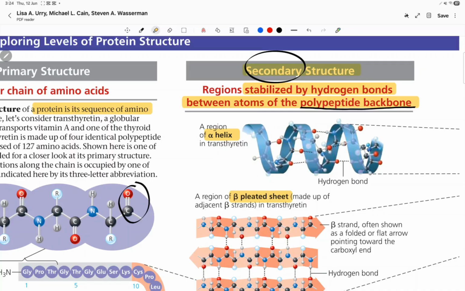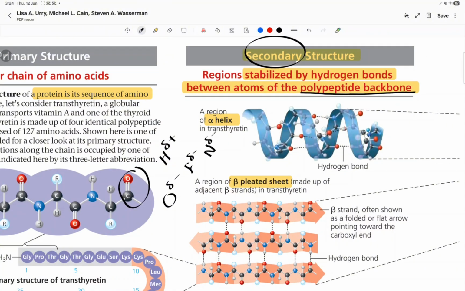If you guys recall from last lesson, a hydrogen bond will be forming between the H that's positively charged and the negatively charged O or N or F. What's the backbone though? That's the backbone here.